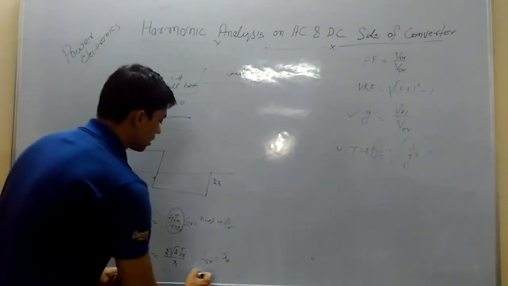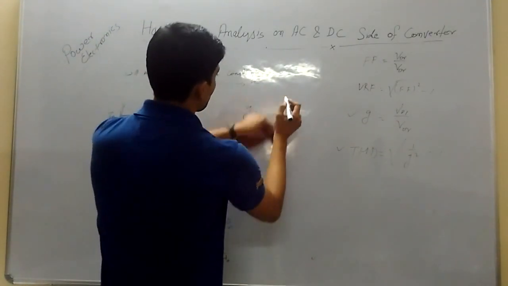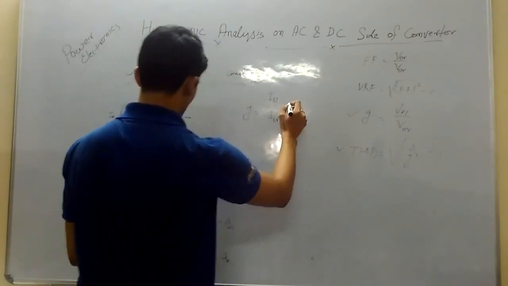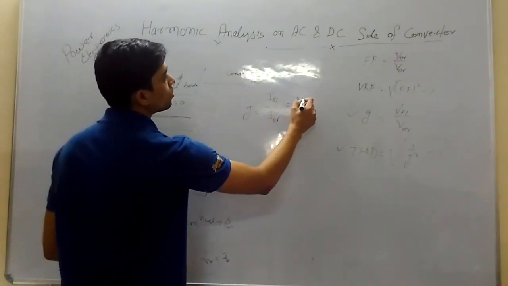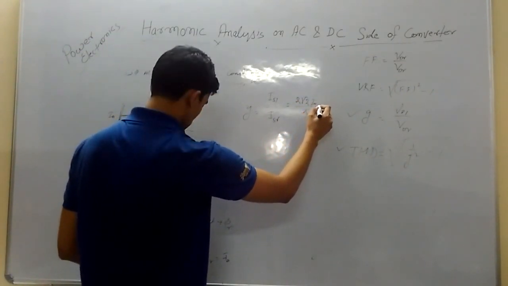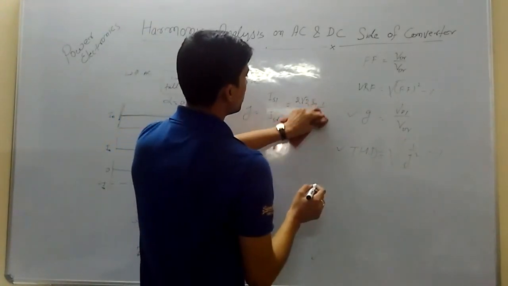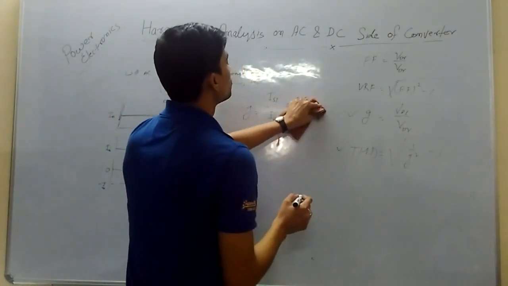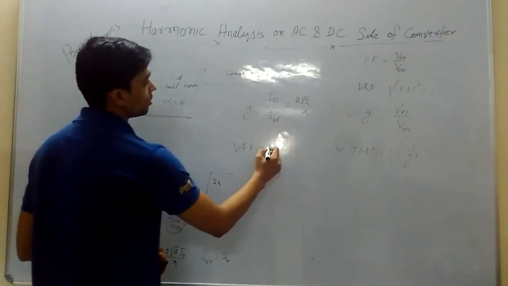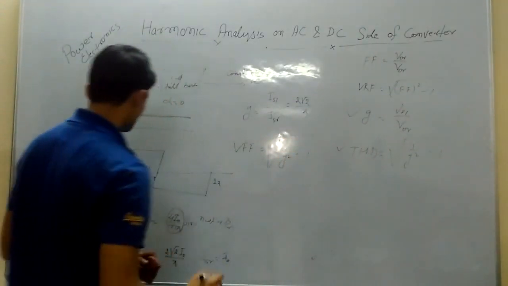So from these two data, you can calculate the value of G. It is equal to IS1 upon ISR, which is 2 root 2 I naught by pi into 1 upon I naught, so you will get 2 root 2 by pi. Similarly, from this you can calculate the total harmonic distortion, which will be the square root of 1 upon G square minus 1.